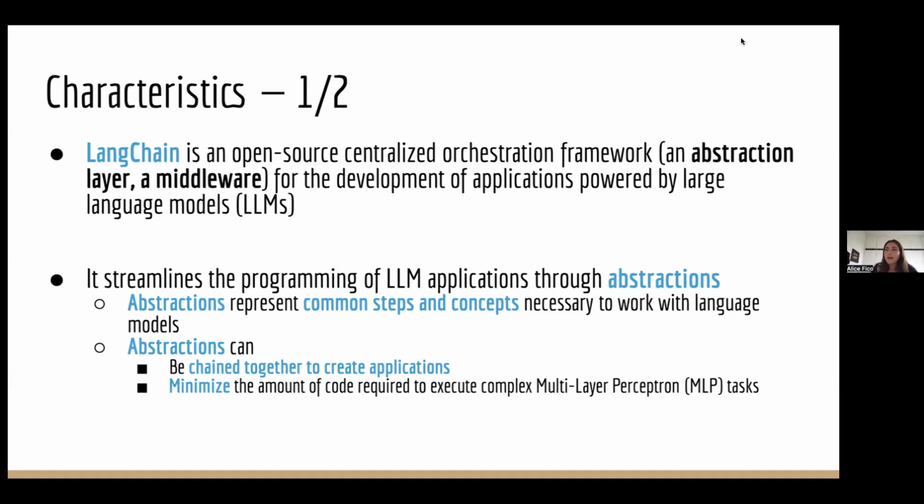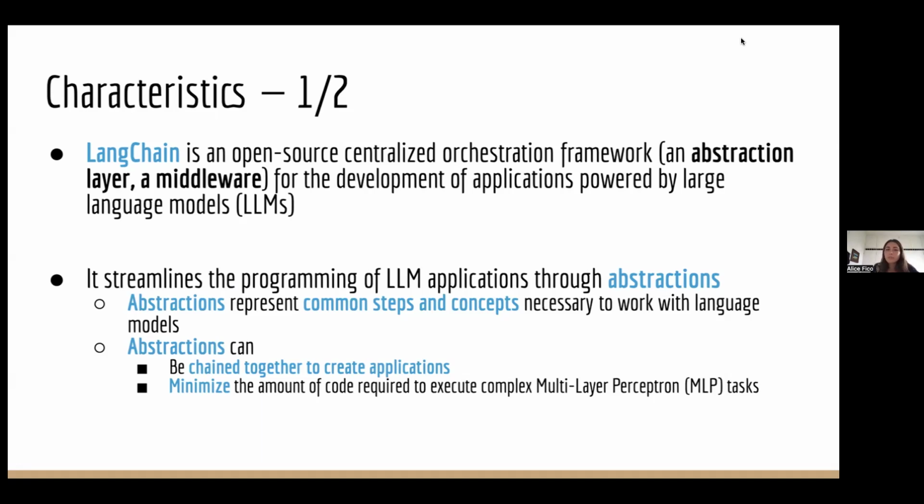LangChain, in fact, provides a library of reusable components and patterns that represent common steps when we are going to work with LLMs. So these components that are called abstractions are going to create the final workflow.